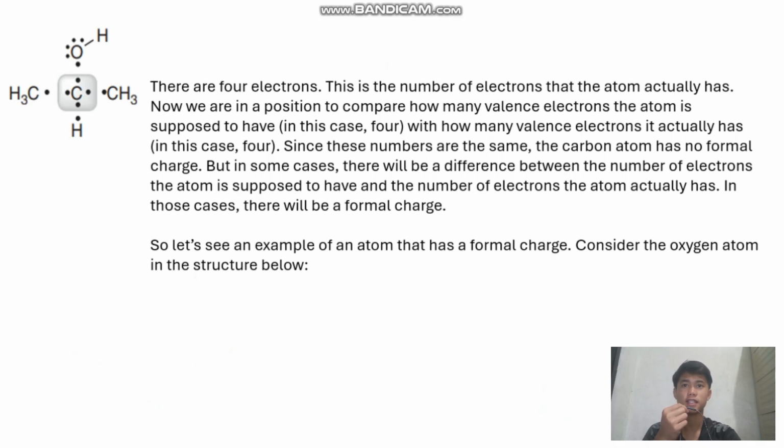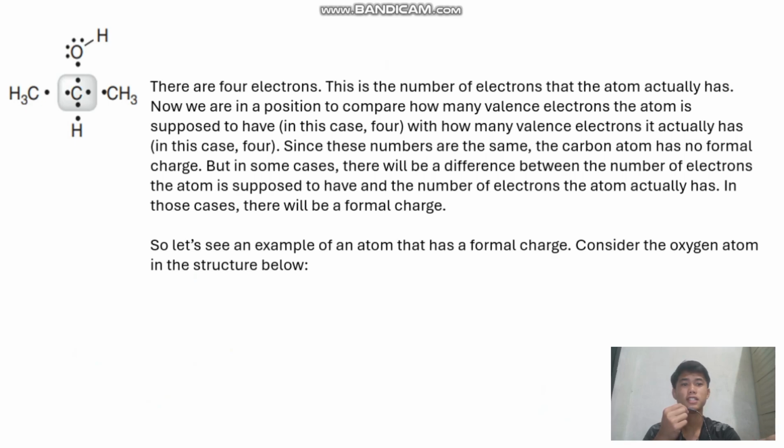But in some cases, there will be a difference between the number of electrons the atom is supposed to have and the number of electrons the atom actually has. In those cases, there will be a formal charge. So let's see an example of an atom that has a formal charge.